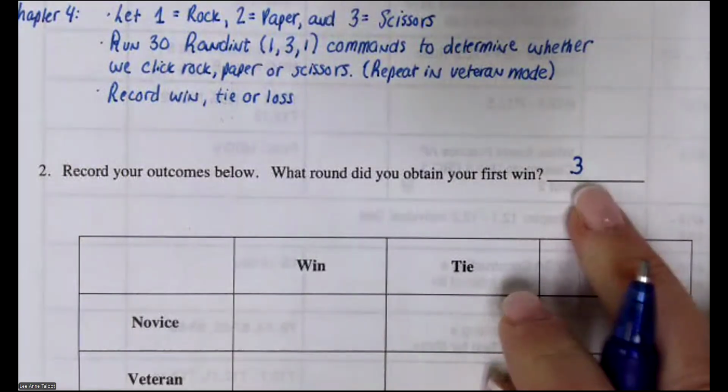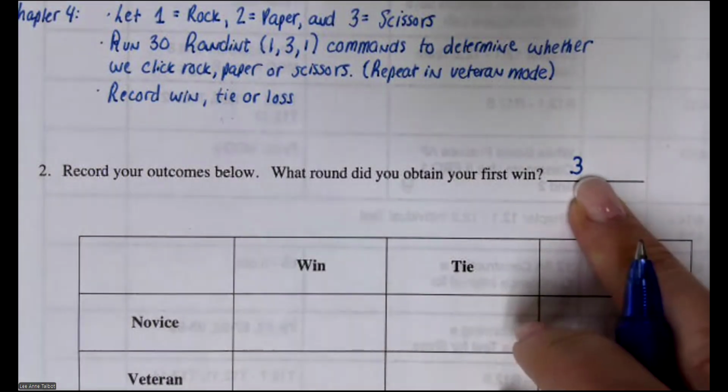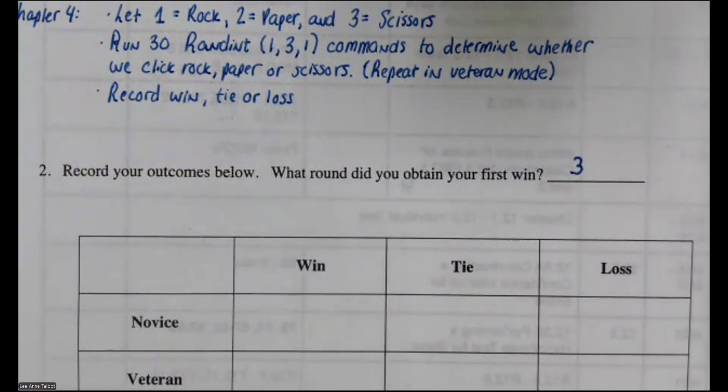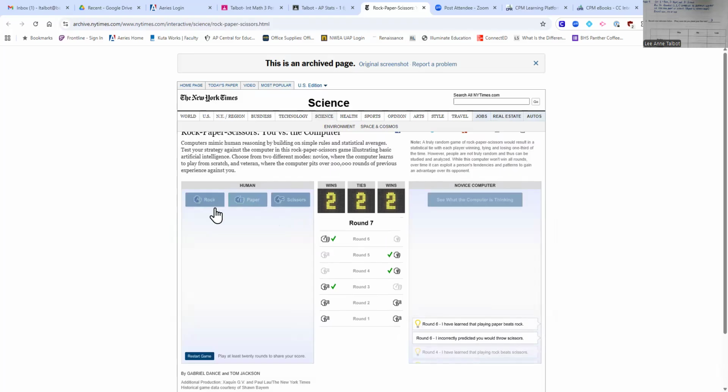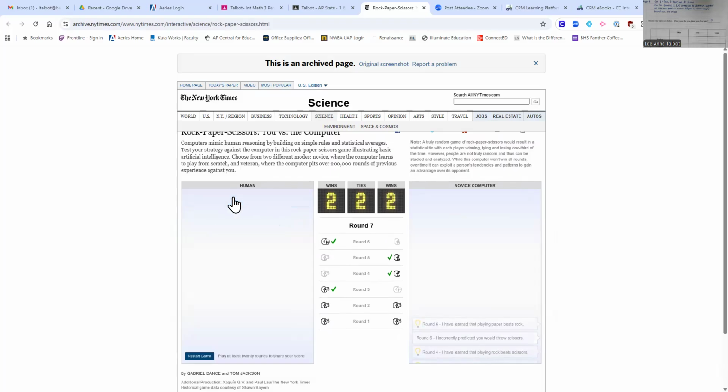What's the first time that you got a check mark on the left side? If you're very careful, you could just keep going until the boxes add up to 30. But I'm scared that something's going to happen.